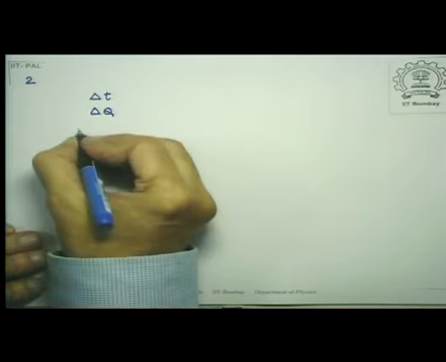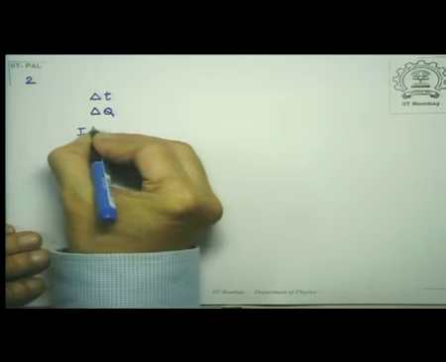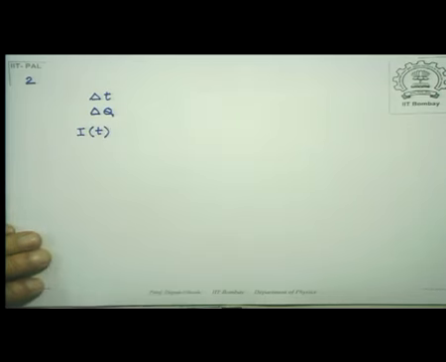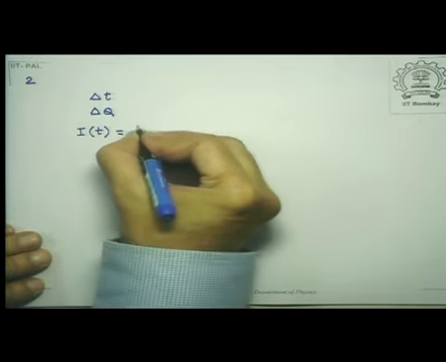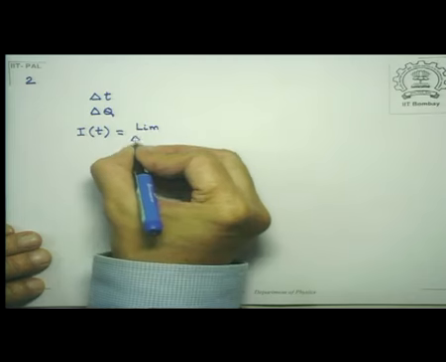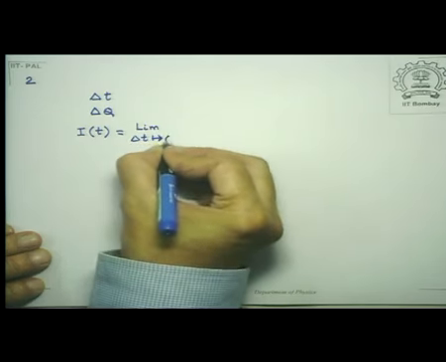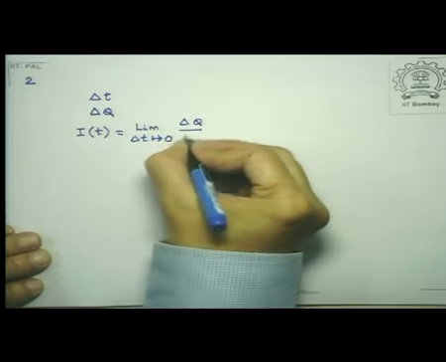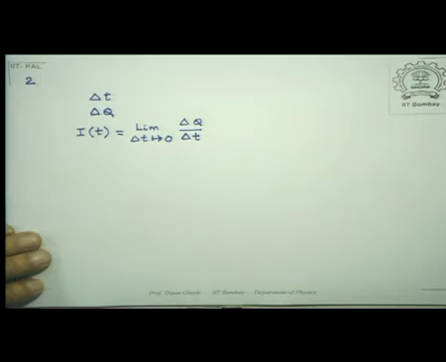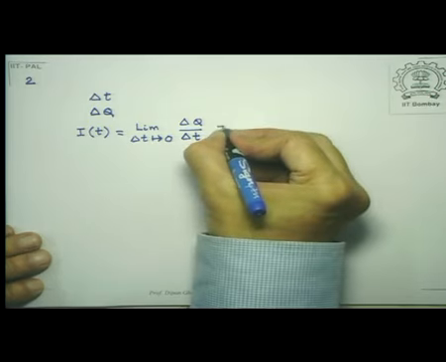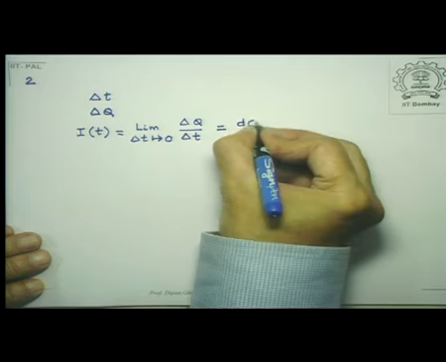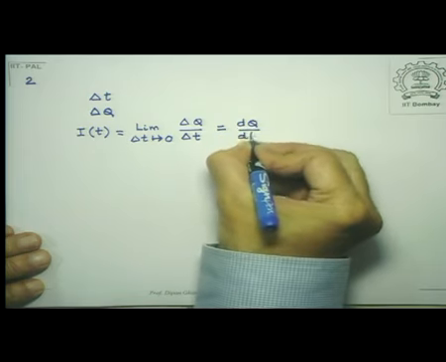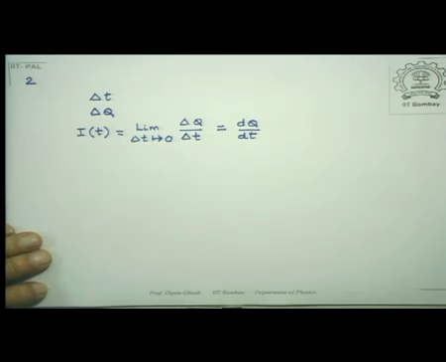Then my current I at that instant can be defined as the limit of delta t going to 0, taking as small a time interval as possible, of delta q divided by delta t. You recall from your calculus that this is nothing but dq by dt. So, this is my formal definition of current.